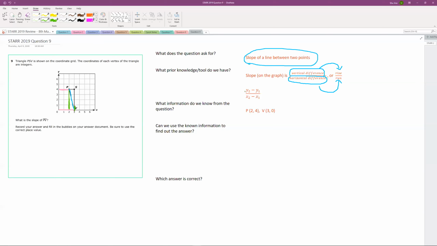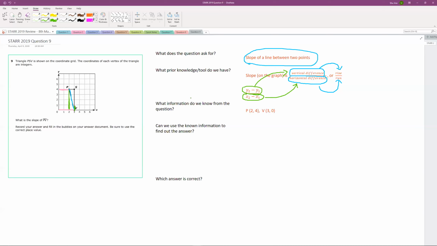So we can say the vertical difference is y of the second point minus y of the first point. And x2 minus x1, the x of the second point minus the x of the first point, that's the horizontal difference. So we have that formula for the slope.